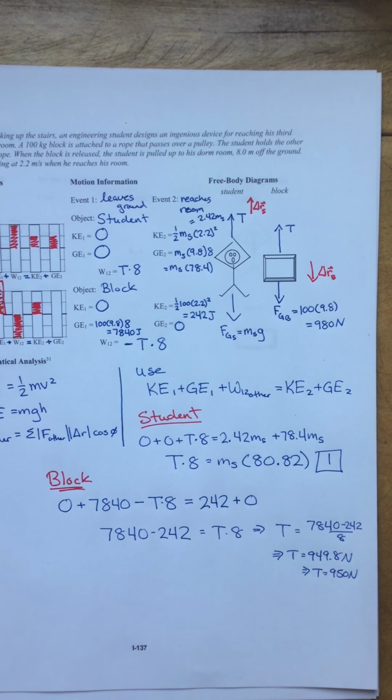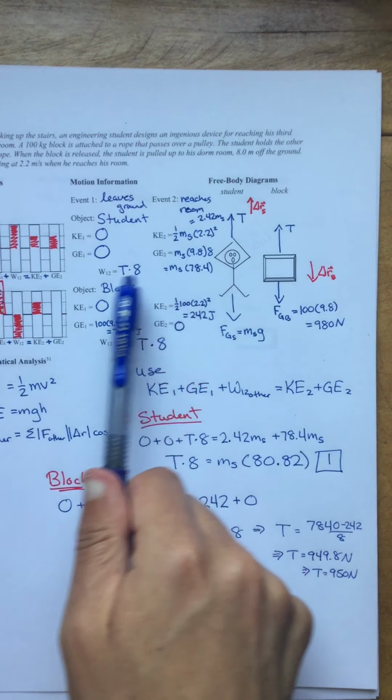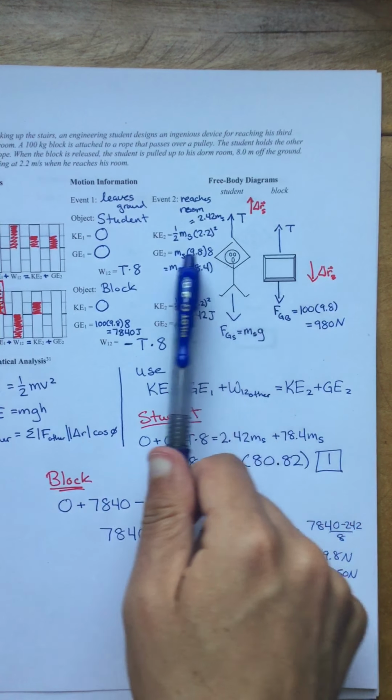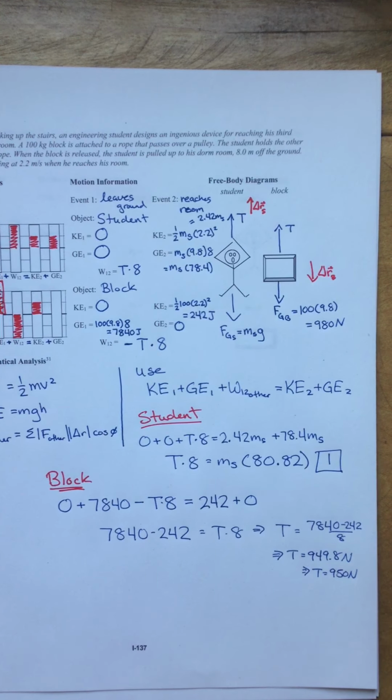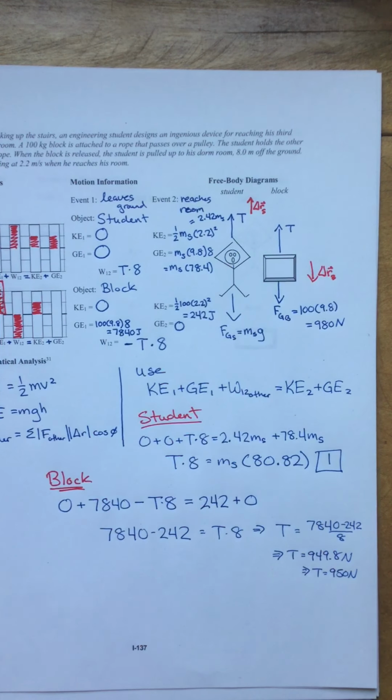In this problem, they don't ask me a specific question. Okay, so I would want to, after filling out my table, look at what the unknowns are. That would be the tension and the mass of the student. So it's sort of similar to what we did in the dynamics section. You do your free body diagram. You can find all the forces and the unknown masses.